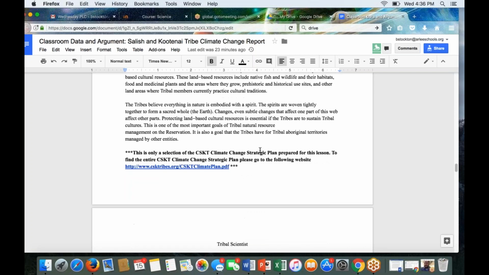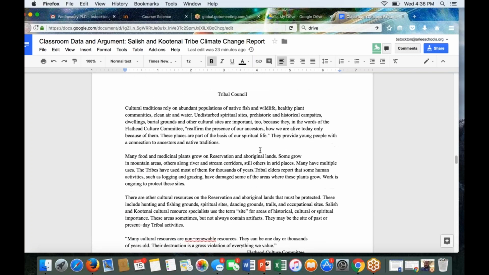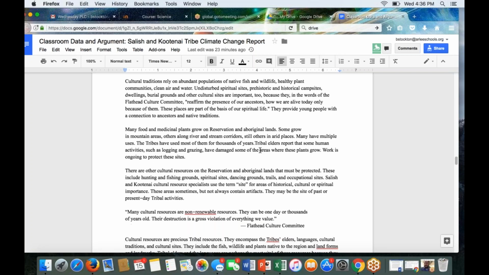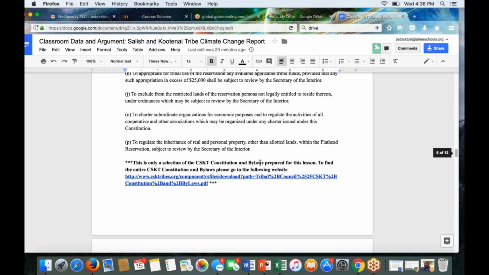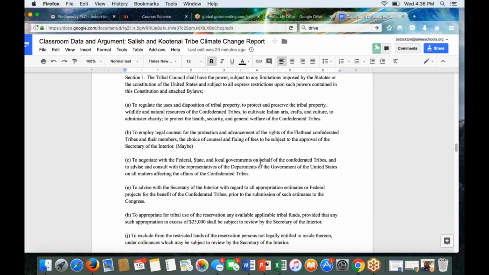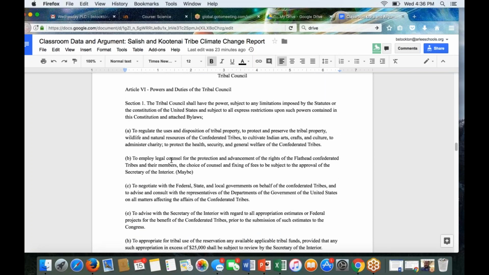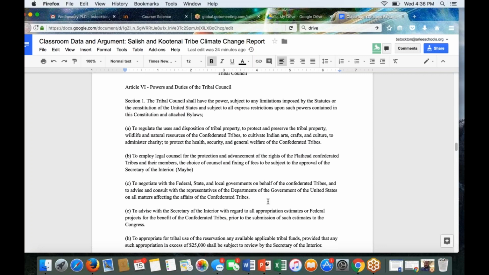One group of students gets the tribal council document, which is a combination of the CSKT document, but I also took some of the main parts of the bylaws of the tribal council. So they might start looking at it from a financial standpoint, and also from the idea that the federal government, and primarily the Interior Department, actually have to work with the tribe on certain issues.